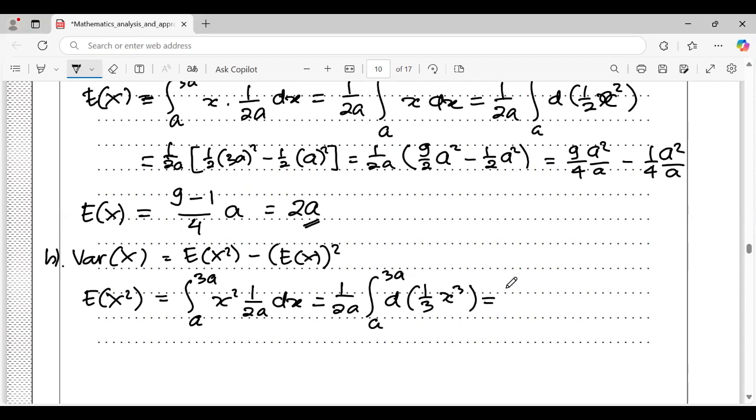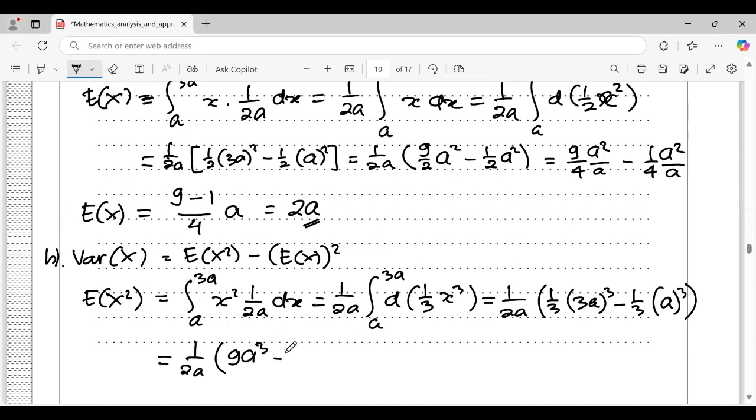After that, substitute 3a and a. So 1 over 2a times 1/3 of 3a cubed minus 1/3 a cubed. 1 over 2a times this is 27 over 3, 9 a cubed, minus 1/3 a cubed, which is 27 minus 1, 26 thirds a cubed.